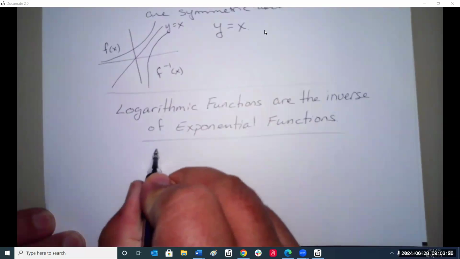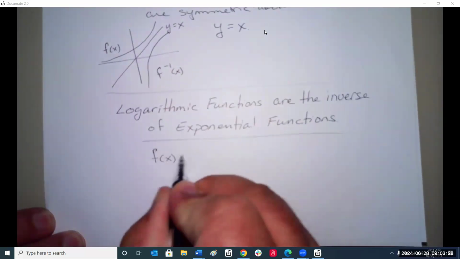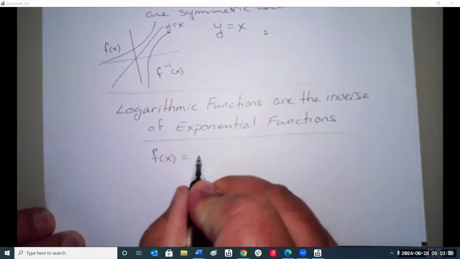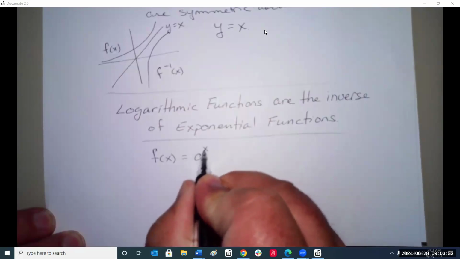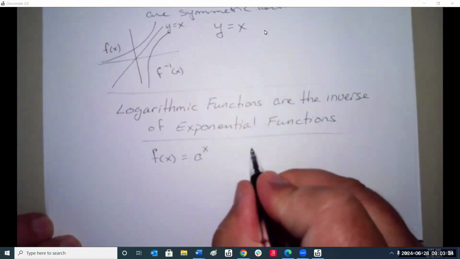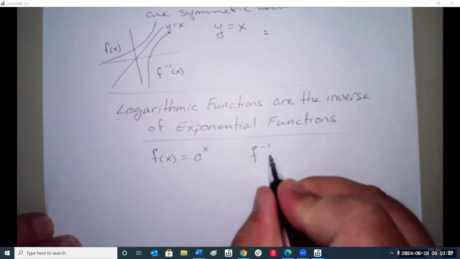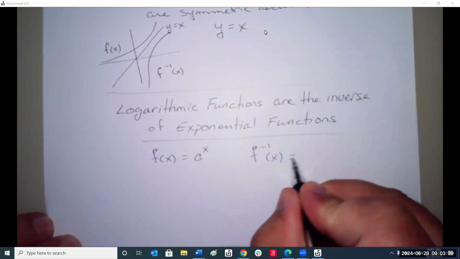By that, if f of x equals a to the power x, then the inverse would look like this.